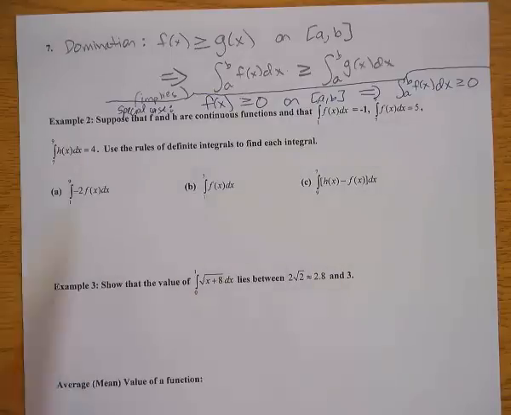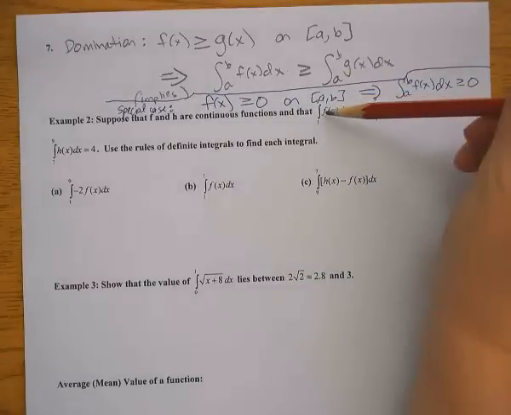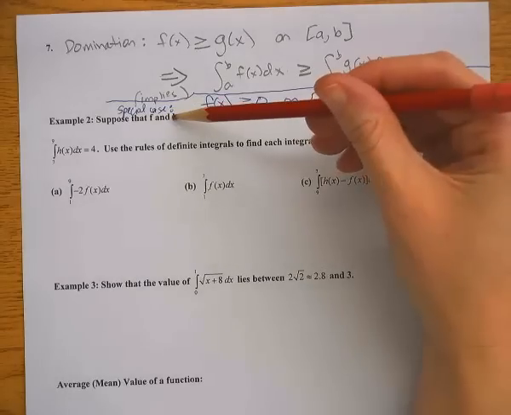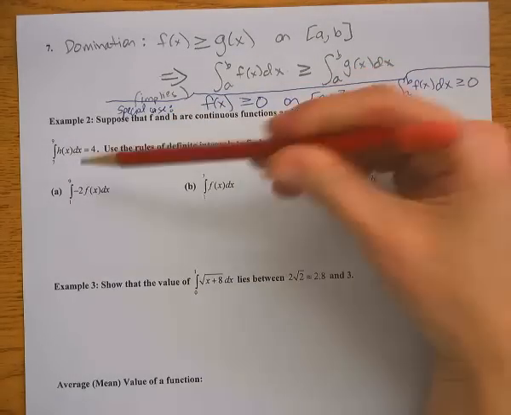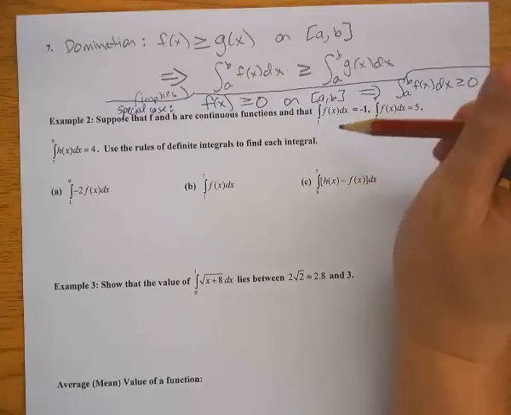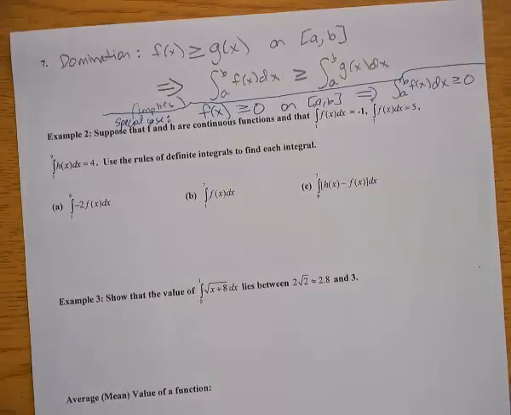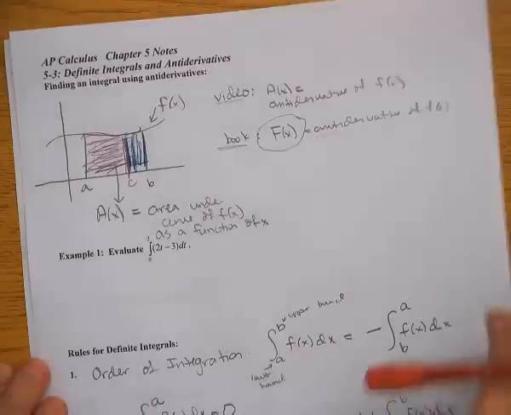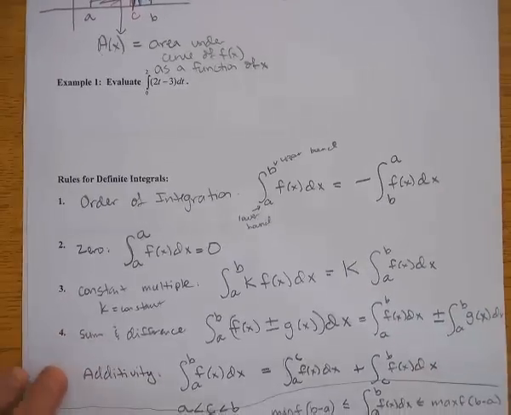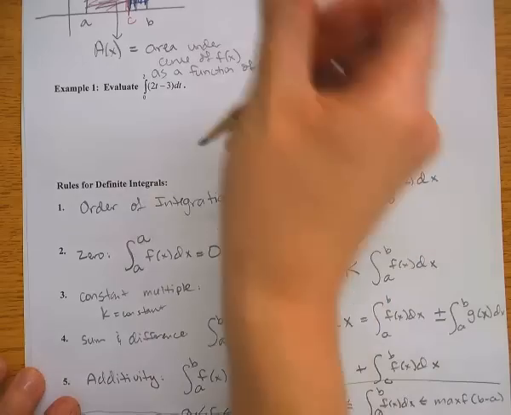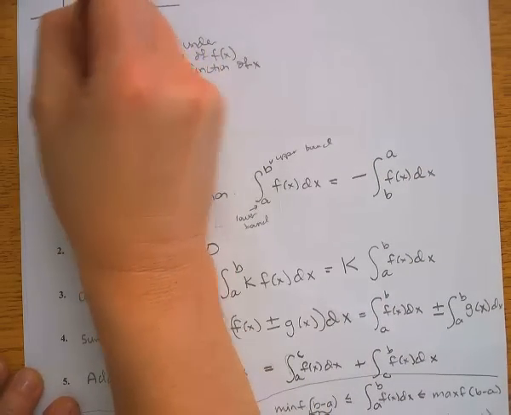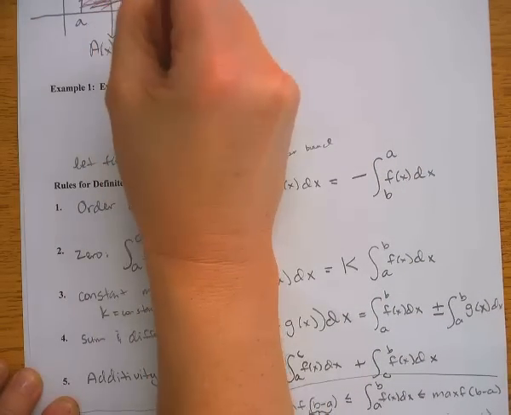So if you look at the way example 2 is set up, it might look familiar to you. The AP Test loves these kinds of problems where they don't tell you what f of x and h of x are. They just let you know that they're continuous functions. These properties that I gave you are only true for continuous functions. So if you could go back to your first page real quick and make a note to self, rules for definite integrals, and we'll say basically for all of these, let f of x be a continuous function.